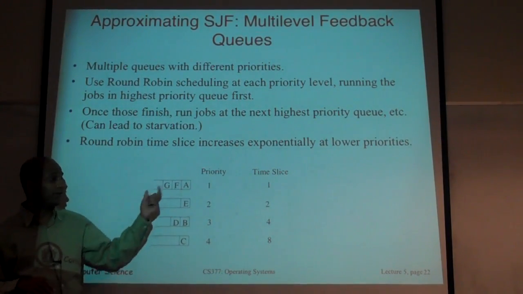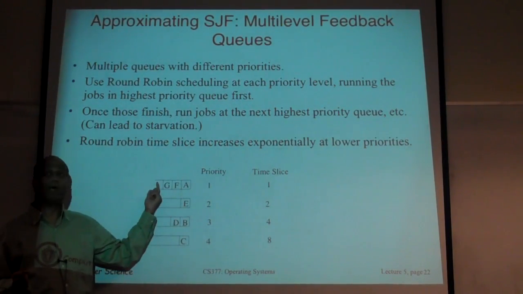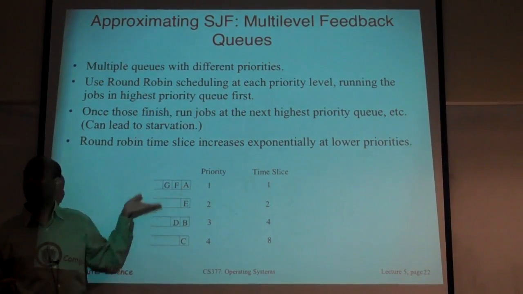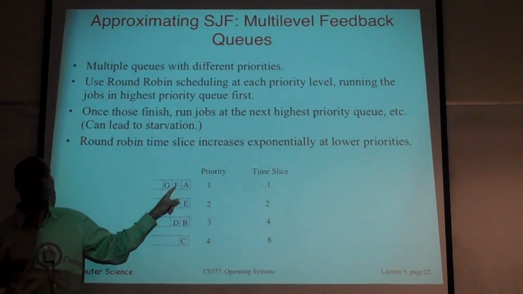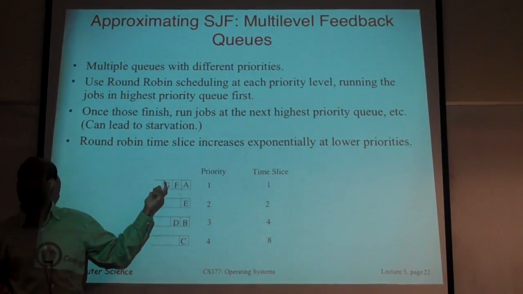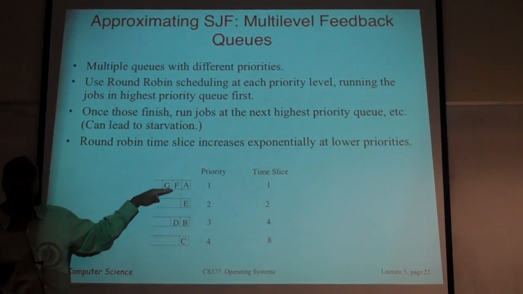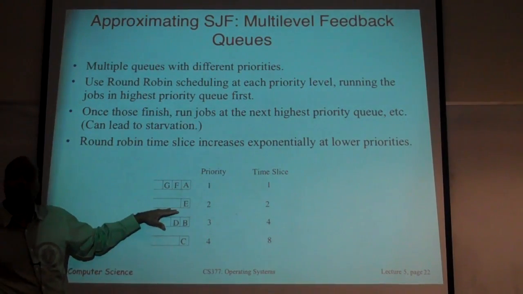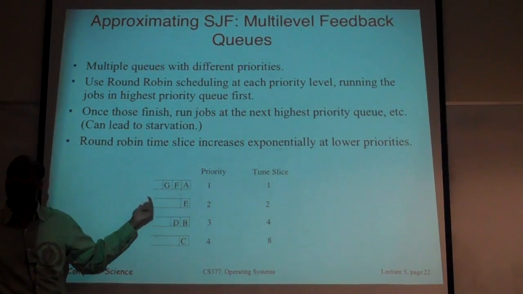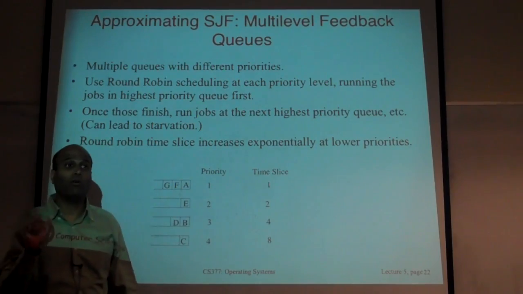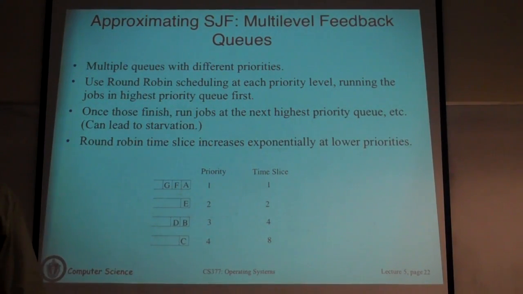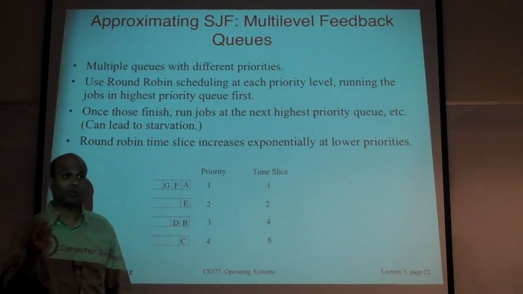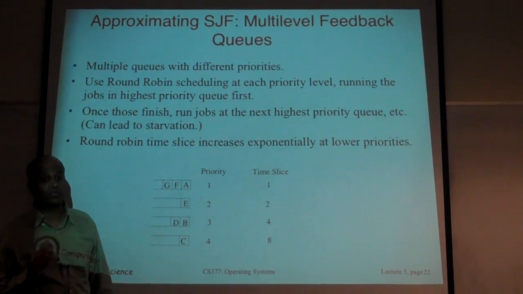If A finishes its time slice, it will go back to the end of the queue. It will again start at the top queue. The top queue is not empty, so there is something to schedule, and it will pick F. So you will do round robin here. If this queue is empty for any reason, it will then go to the next highest priority queue and do the same thing. So you are doing round robin within a level, but you always start with the highest priority non-empty queue and pick a job from there. Next question.